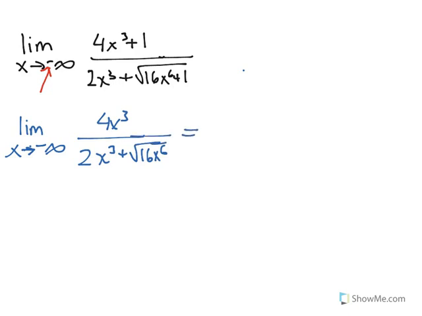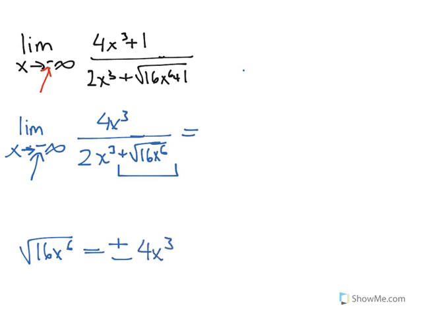But this time, because we're taking the square root of 16x to the 6th with x less than 0, we're going to actually make this a minus, because the square root of 16x to the 6th is actually plus or minus 4x cubed, right?